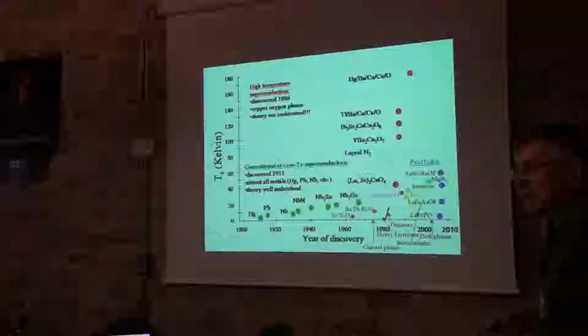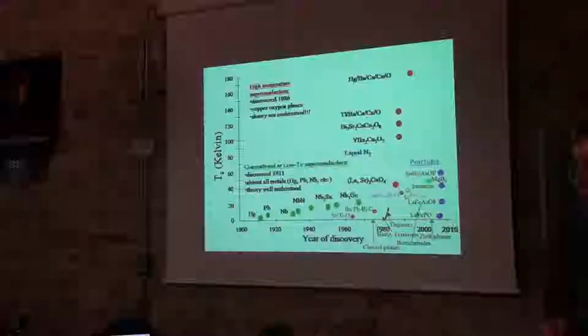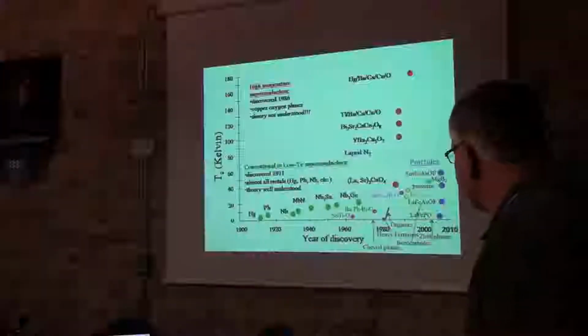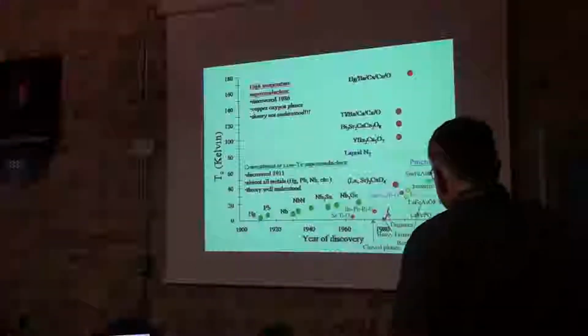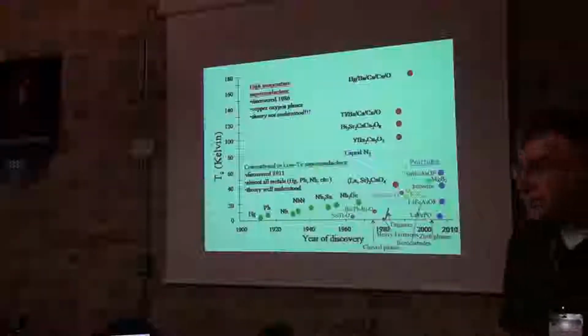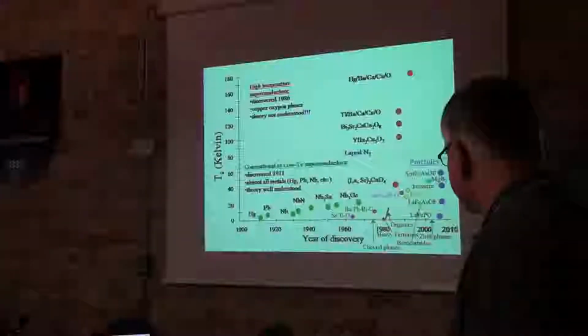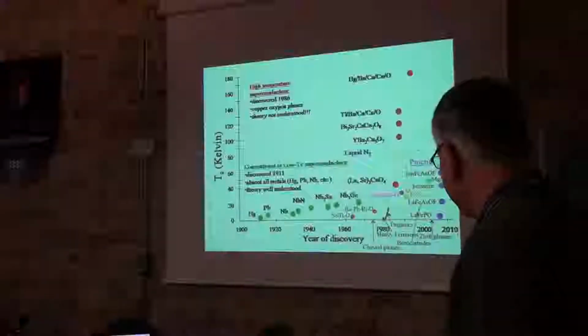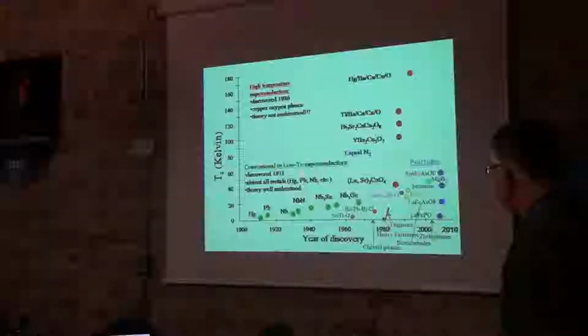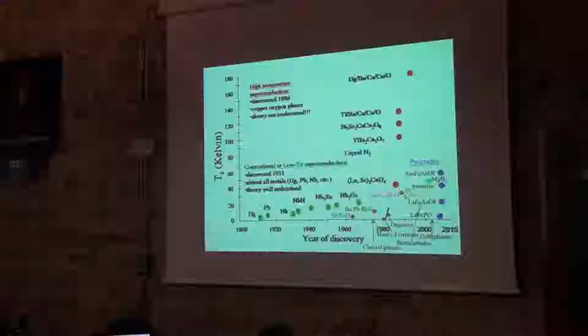We're coming up with various mechanisms specific to each class, because of the peculiarities involved in each class, so the structure, the three-dimensionality versus two-dimensionality, and so on. And it's perhaps time to stand back and look for underlying more universal themes. And so this delineation of high temperature and conventional or low temperature perhaps is not so well delineated as perhaps previously thought.